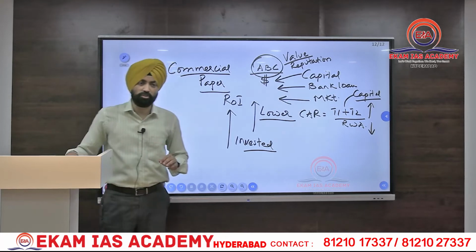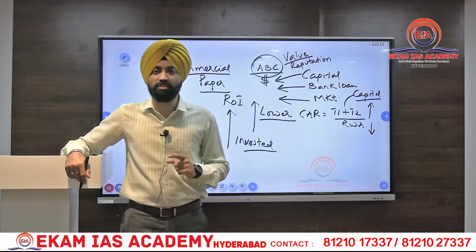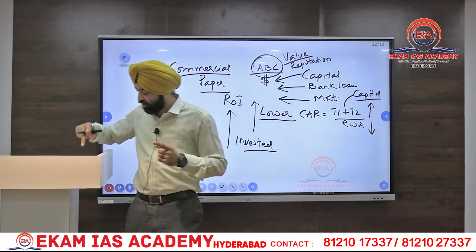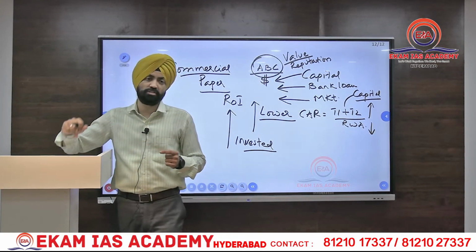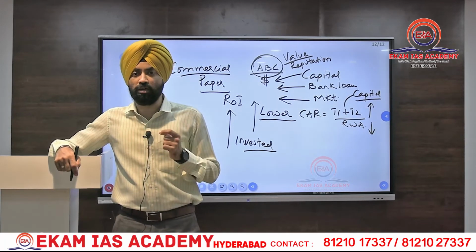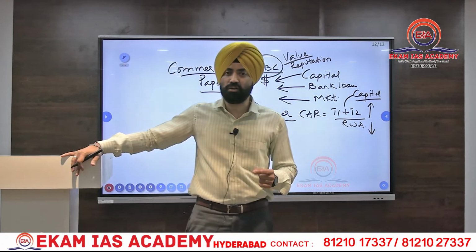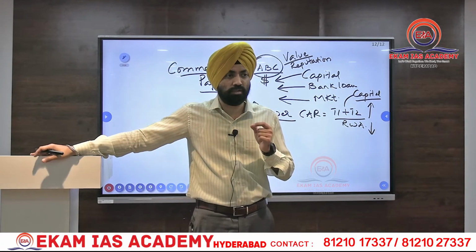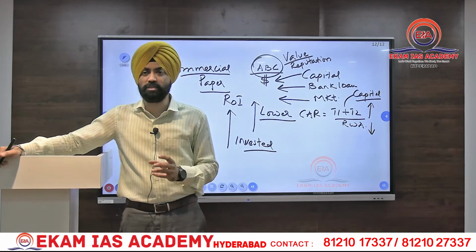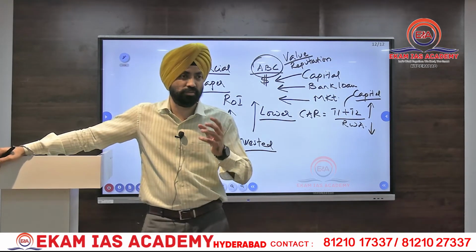So when somebody asks you, when we already have these asset reconstruction companies, what is the need for going for a National Asset Reconstruction Company Limited? That is when you will tell them, sir, there are around 28 asset reconstruction companies. Seeing their track record, it is felt that whenever the value of the disturbed asset is lower, they are successful in retrieving that value.